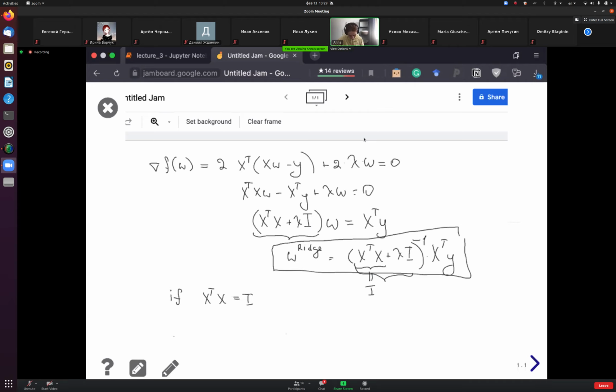That would be 1 plus lambda times the identity matrix to the power -1, times X transpose Y. We know that this part here is W, which I will call OLS, ordinary least squares, namely the optimal weights without regularization. So we can basically say that this is just 1 divided by 1 plus lambda.